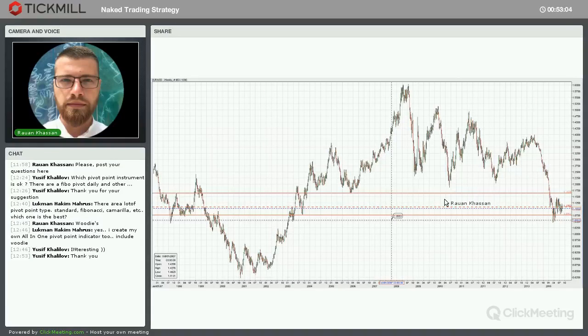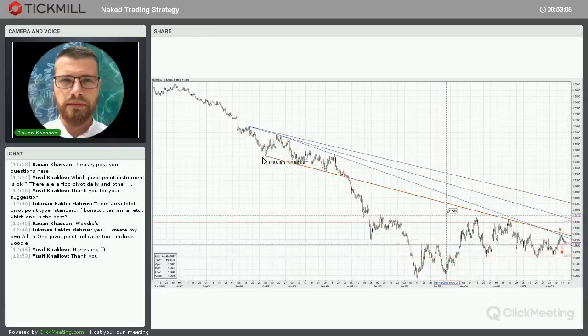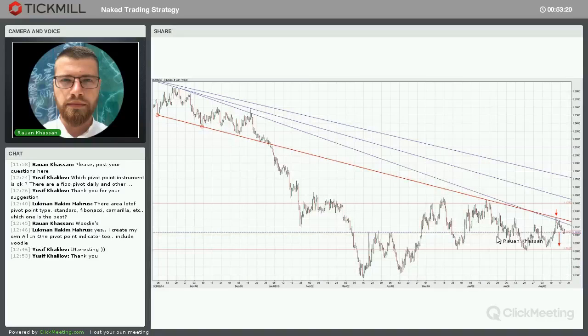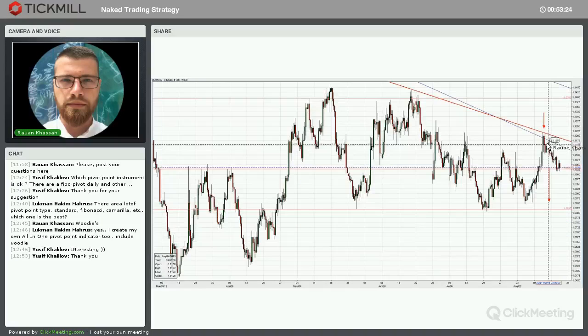The 8-hour time frame provides an important dynamic resistance, which starts in October of last year and has recently stopped the upside move for euro dollar, and it continues to be a valid dynamic resistance point around the area of 1.1170.